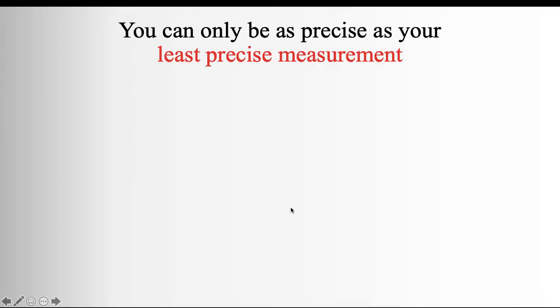So what do I mean by a measurement uncertainty? If I make a measurement, I can only be as precise as my least precise measurement. I cannot go further than that because that limits me.